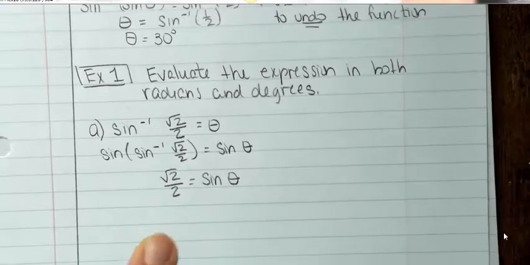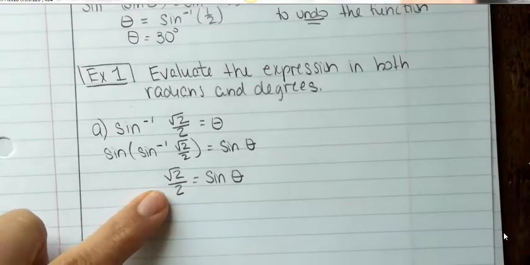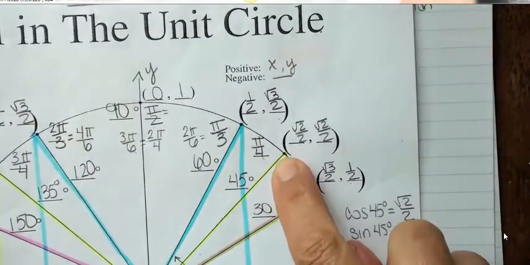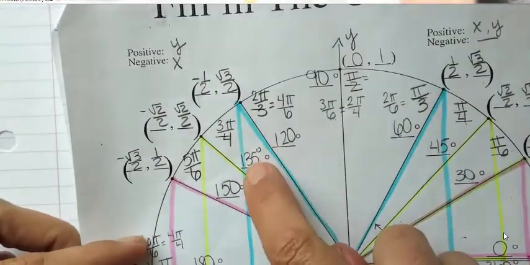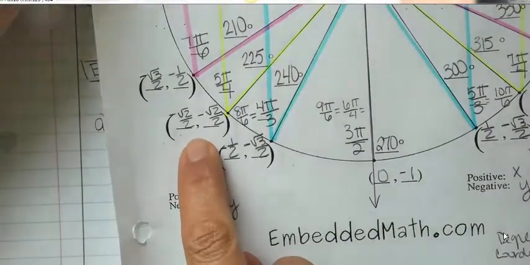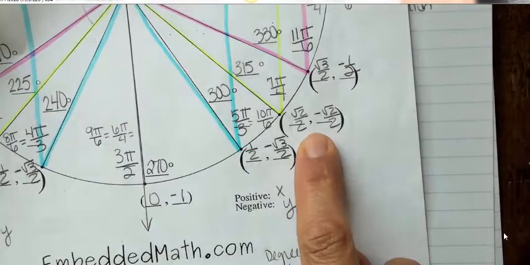And again, this is a unit circle issue. This should look very familiar to you. Root 2 over 2 on your unit circle is every 45-degree angle, or pi over 4. It's over here as well. There are positives and negatives, and you have to think about that separately.